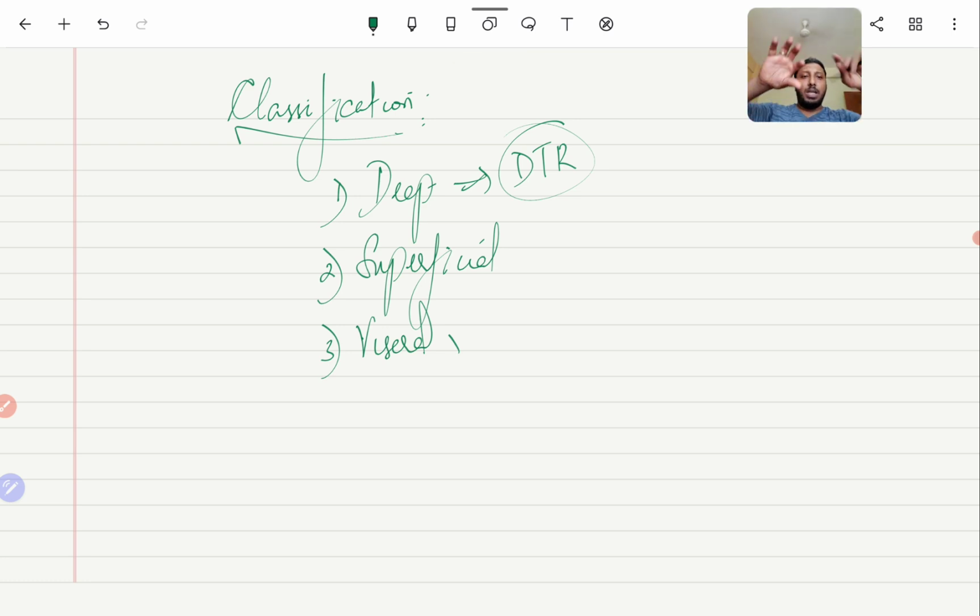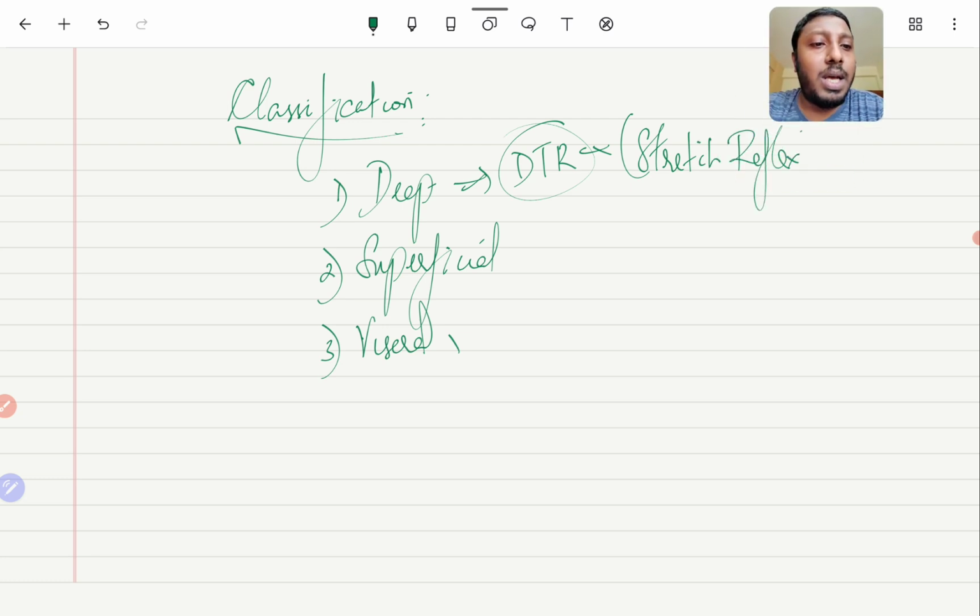The assumption is that there is a muscle, and if you stretch that muscle somehow, the tendons stretch, and this stretch is sensed by the muscle spindle, and that will produce contraction. So that is a stretch reflex. So deep tendon reflex technically is a stretch reflex. I think you know all about stretch reflexes, because it's been there in the theory.